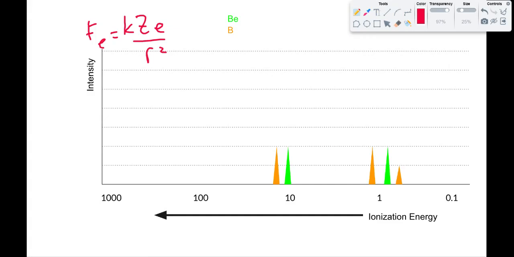And again, everything shifts to the left because boron now has 5 protons instead of 4. Z is getting bigger, which means the electrostatic force is getting larger. So this has shown us evidence that there's subshells, that shell 2 doesn't come in just one spike. There's subshells within that shell.